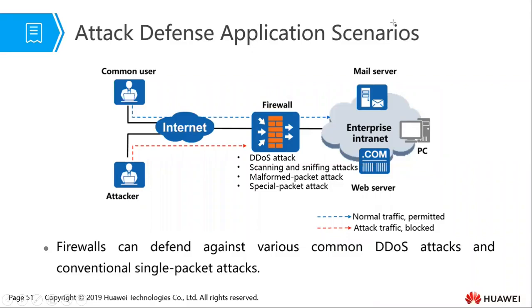The firewall can prevent various types of attacks, such as the common denial of service attacks, and also what we call single packet attacks. So we are going to look at some of the DDoS attacks and also single packet attacks.